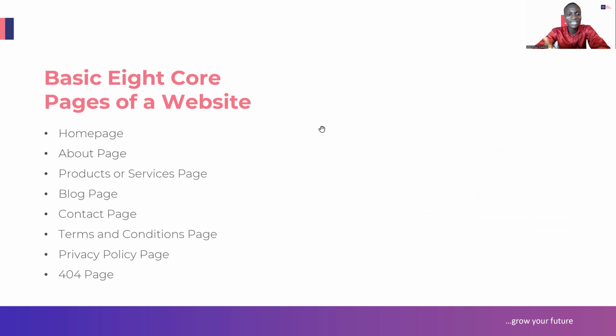As soon as you access the website called afterschoolacademy.ng, this is where you land. So this landing page is what we call your home page. The first impression that people will get about your website is your home page. So the home page is basically the landing page for your website.